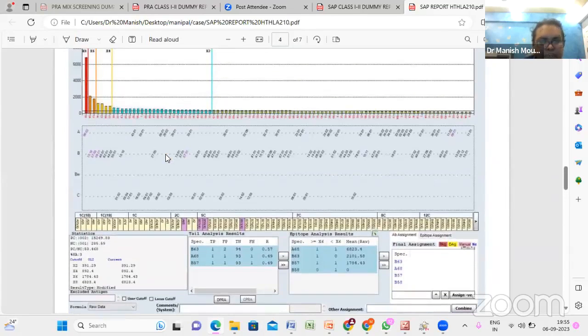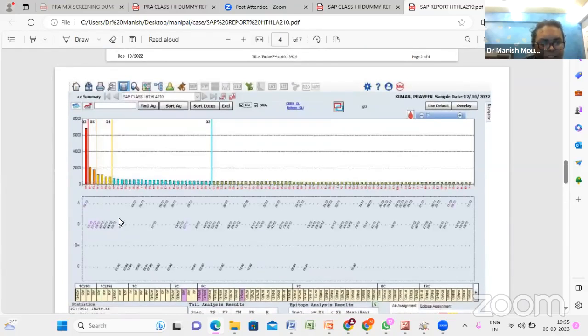Yes. So if you look at this, this is single antigen. 1 minute.